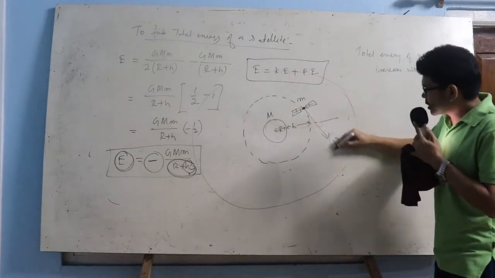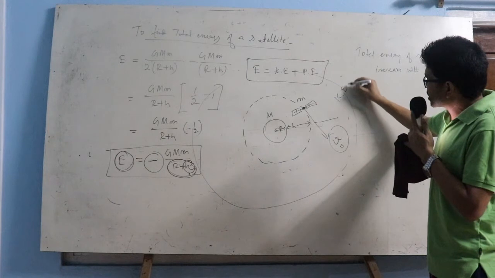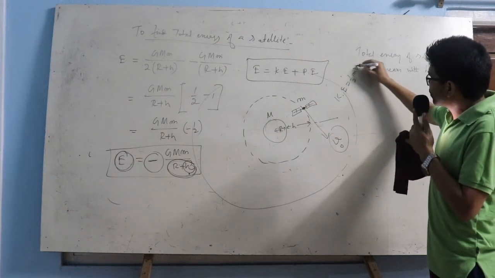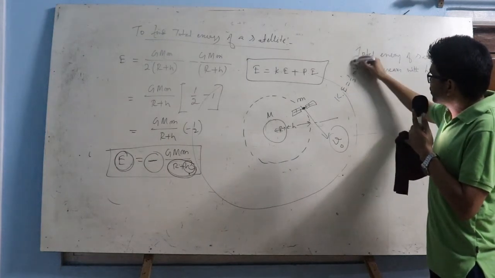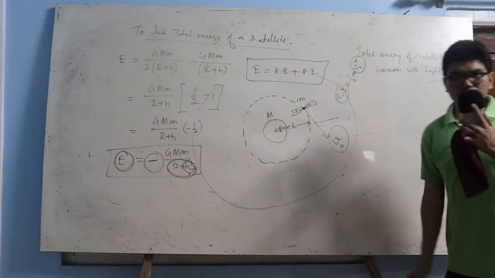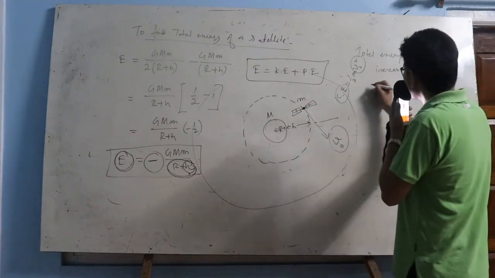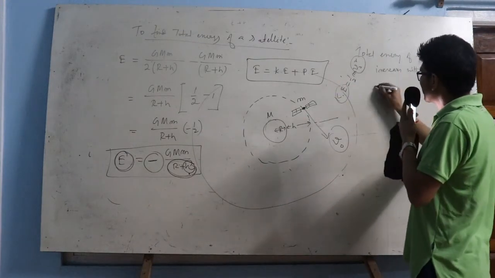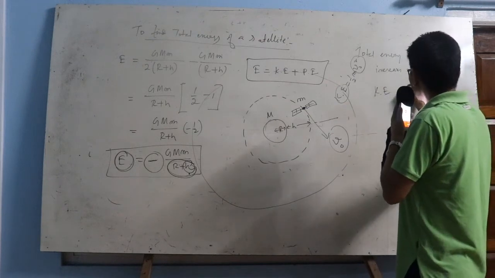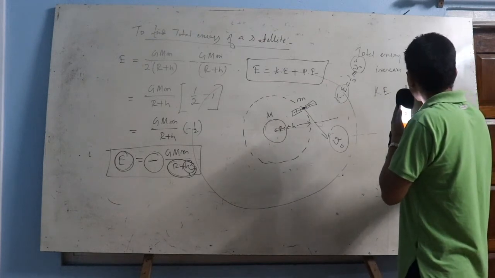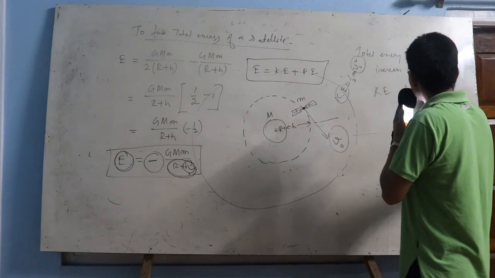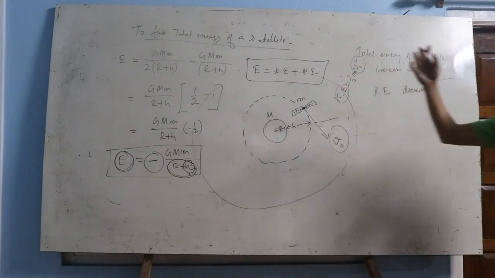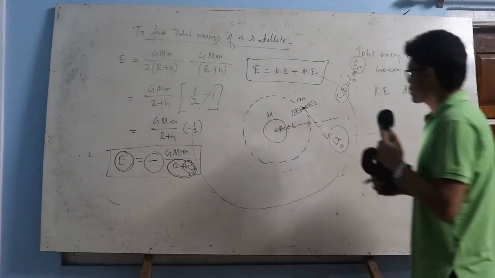It means if VO decreases, kinetic energy, which is half of mVO square, decreases here. So when you consider the satellite at a far place, the kinetic energy decreases, but total energy will increase.